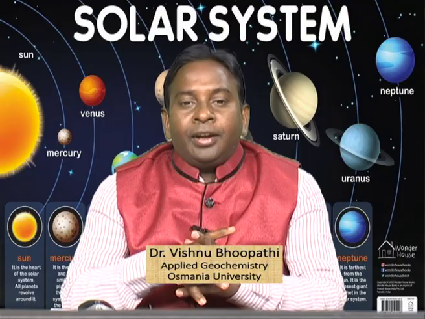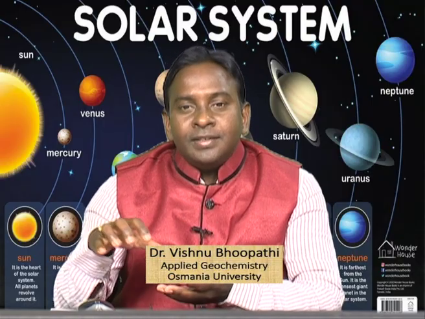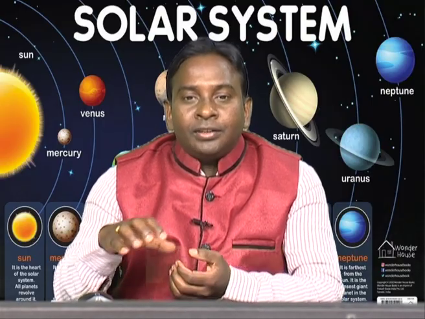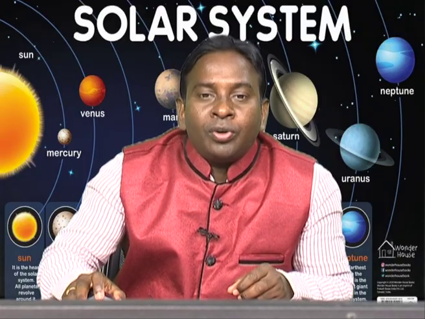Perihelion means the closest approach to the sun, and aphelion is the farthest distance away from the sun. These two words are important, and Kepler's laws are also important here. So finally, we have inner planets and outer planets in our solar system.